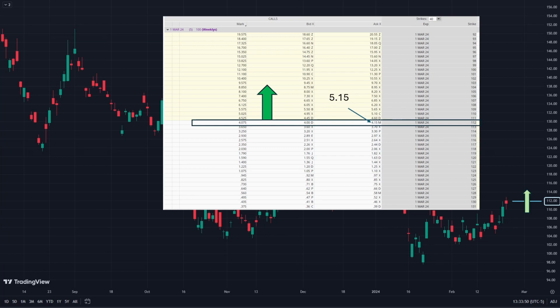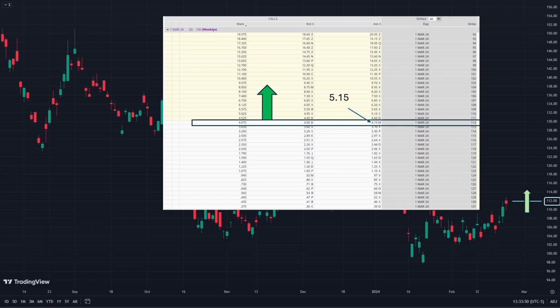Because remember, as you gain intrinsic value, as the share price moves beyond your strike, each $1 move is $100 because of 100 shares. So if the strike is passed by $1, your option will increase by $1. However, remember that an option has 100 shares.